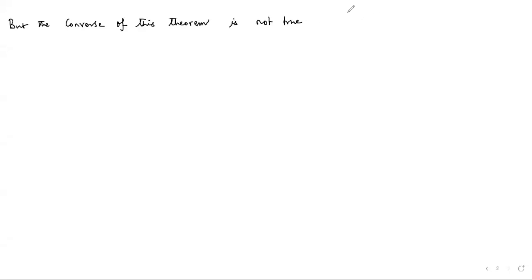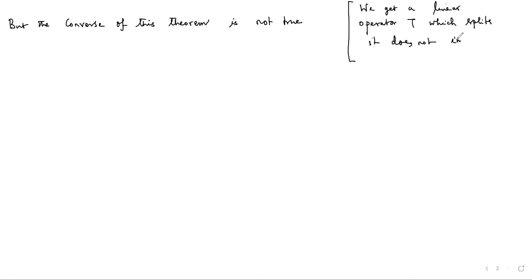It means that suppose we get a linear operator capital T which splits. It does not always imply that T is diagonalizable.